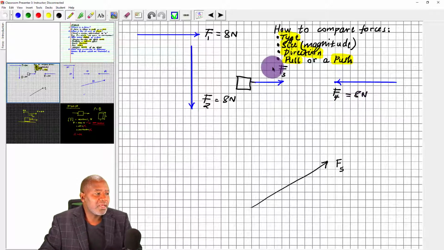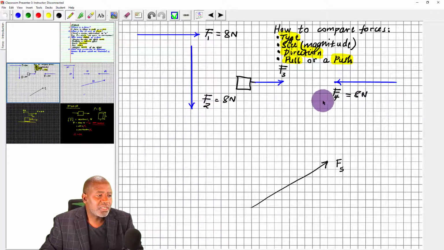But the three forces are different. In what way are they different? They act in different directions. And so is F3. F3 is not similar to any of the forces given here. You can see, just by looking at the arrow, which points to the right, it has a shorter magnitude.